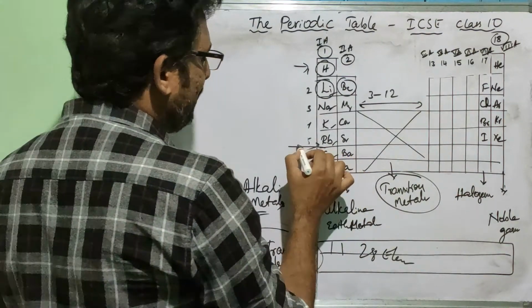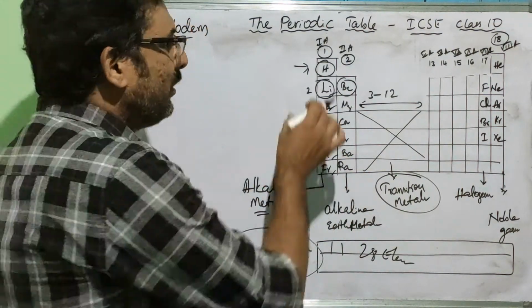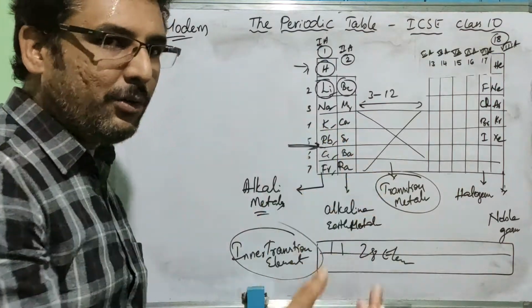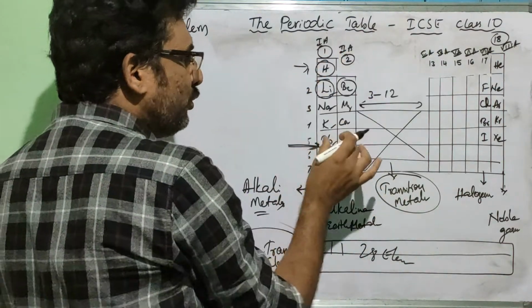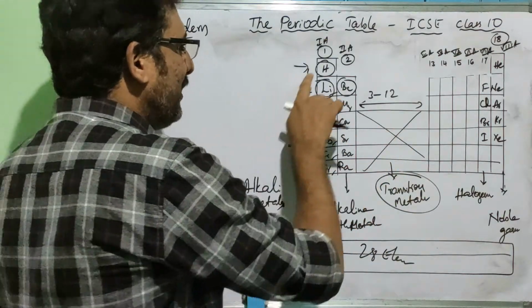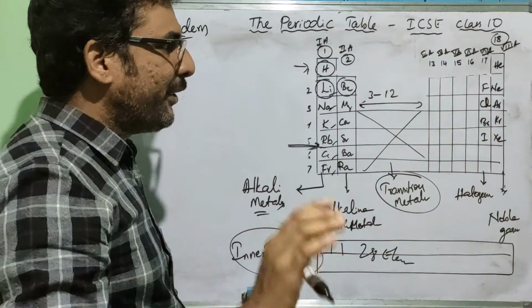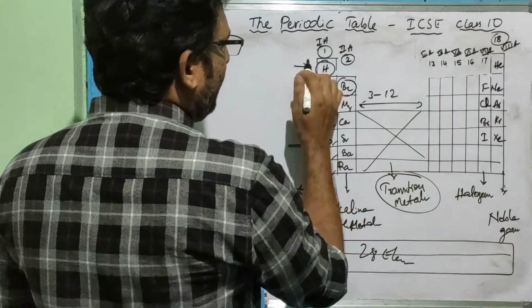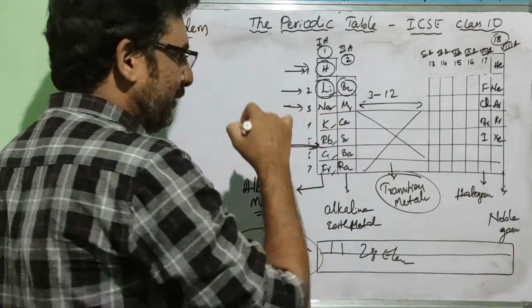Somehow you have to learn by heart these 4 groups, and the first 3 rows of the periodic table, means row 1, 2, 3.